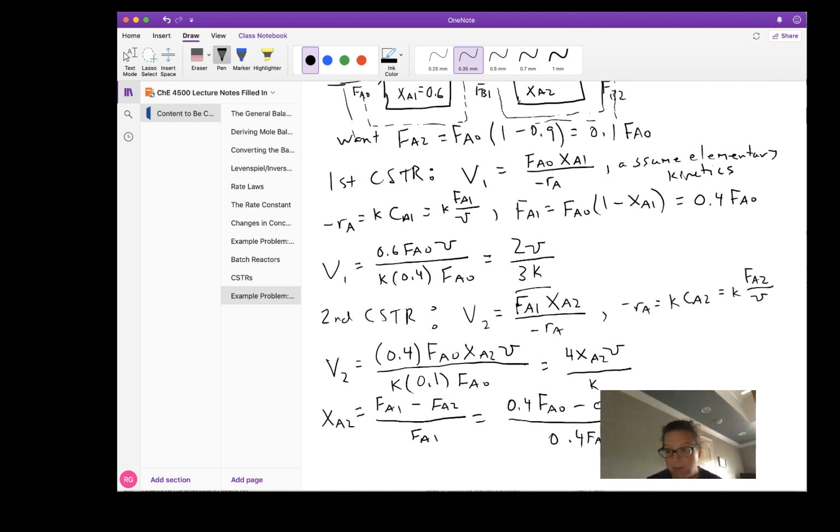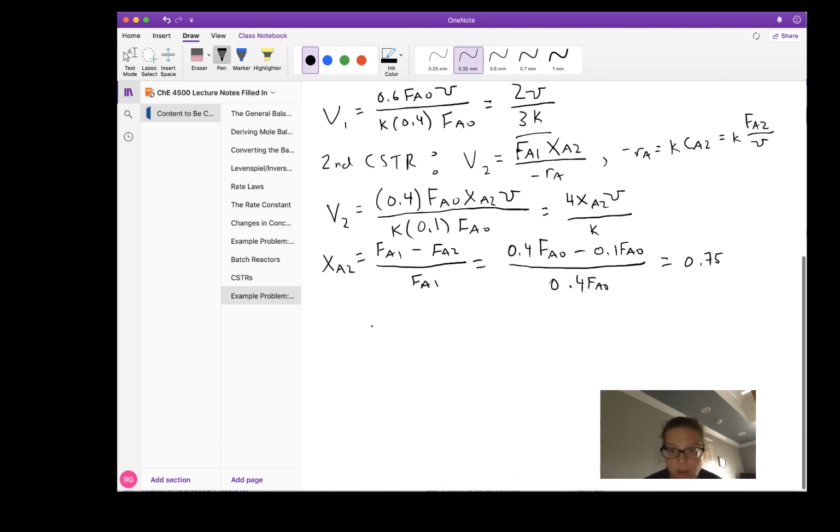And so I get that this is equal to 0.75. So I could insert this value into this equation. So that would mean that V2 is equal to 3 times volumetric flow rate over K. So that gives me an expression for the volume of the second reactor.